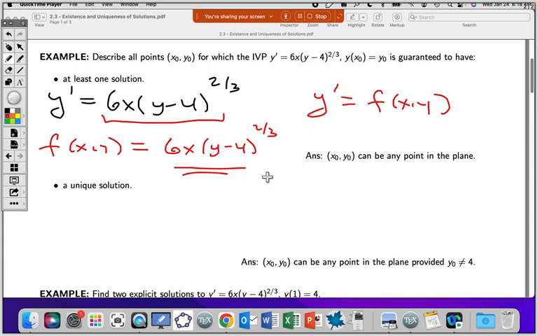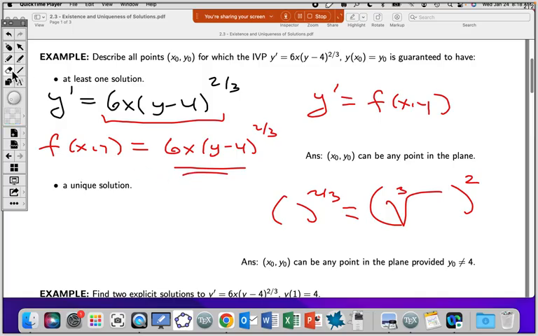So looking at my function, it's built up of polynomials. We do have a 2/3 power. And just as a reminder, what's the root on that? Yes, it's the square of the cube root. So we're totally good. We don't have any issues at all.